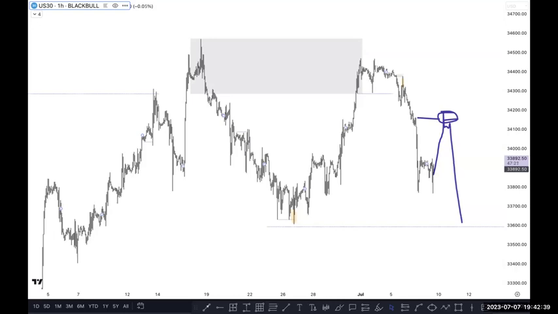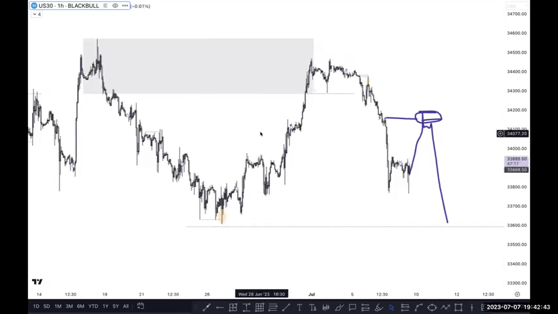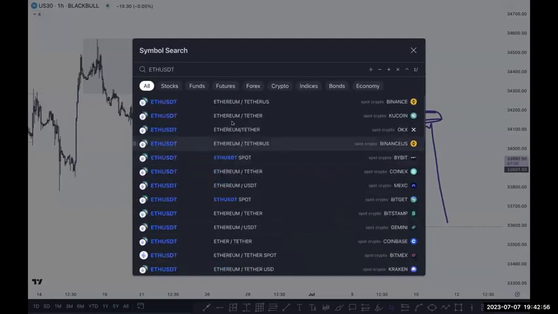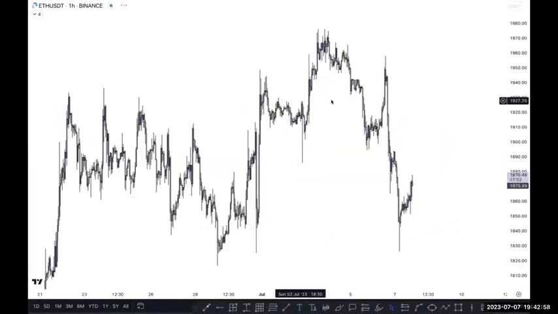ETH for the first time. Okay, let's do some crypto, because a few members are ready to do crypto backtesting. Ethereum we have not done any time, so let's do Ethereum, ETH USDT, because Forex pairs are almost every time done here.